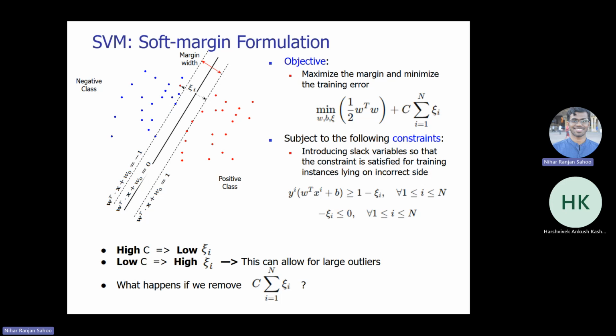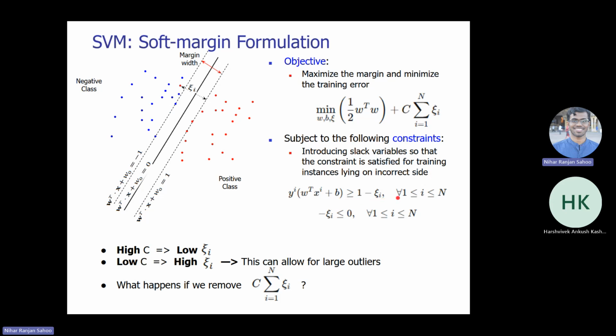That is written on the slide: minimization of W transpose W by 2 plus C, I will talk about it, C into summation of xi. The summation of xi has to be minimized such that y into W transpose X plus B is greater than or equal to 1 minus xi.